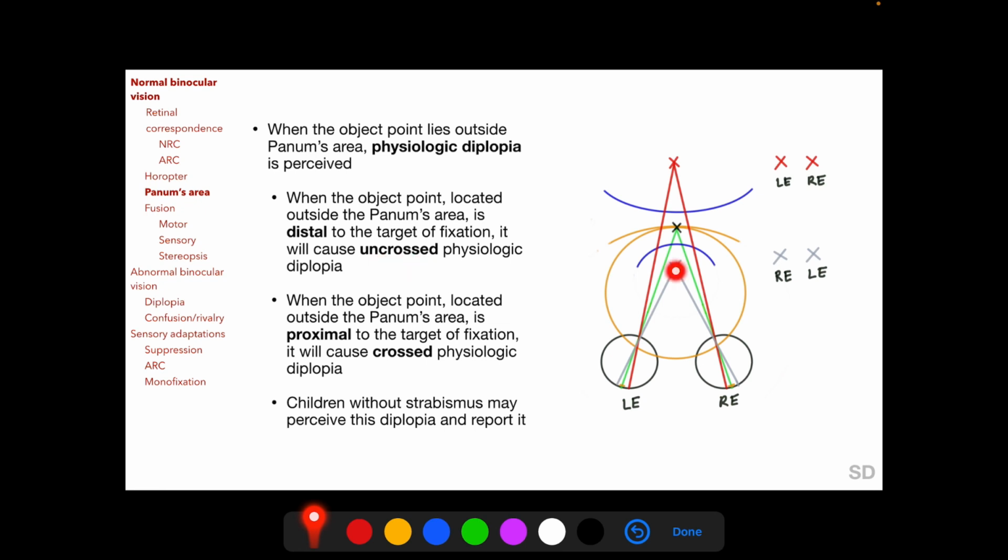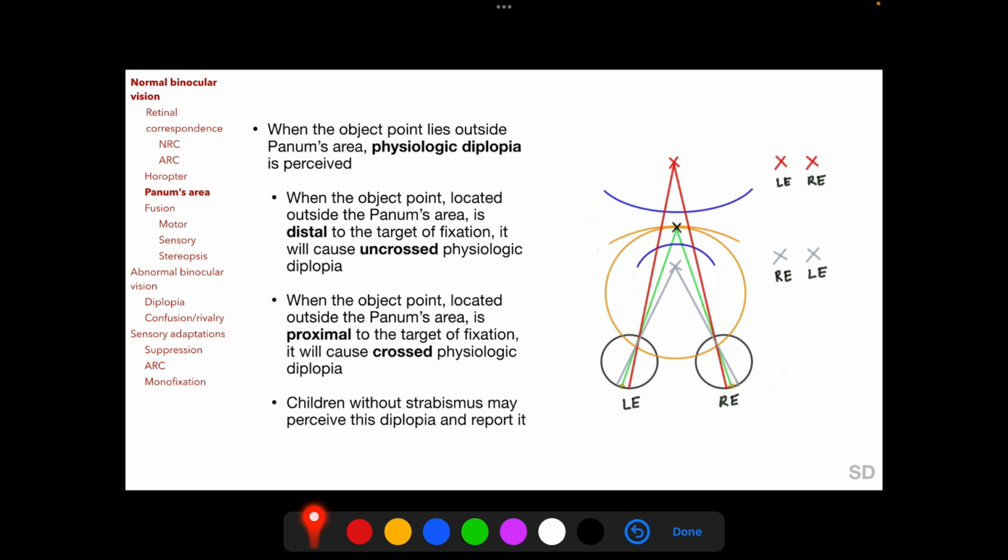But when the target located outside Panum's area is proximal to the fixation target, it will cause crossed physiologic diplopia because that target will be stimulating retinal areas in either eye temporal to their respective fovea, and these retinal areas will have a subjective sense of direction nasally.